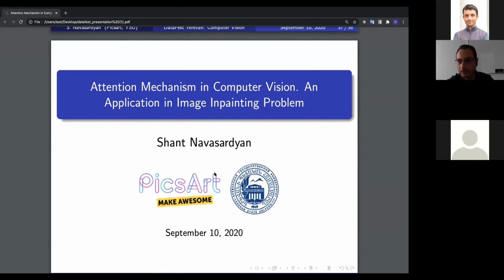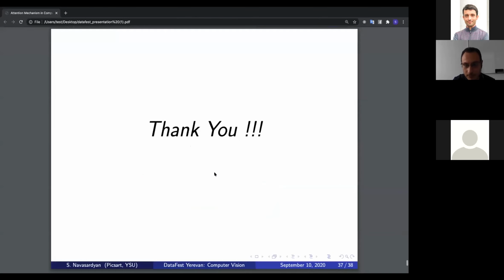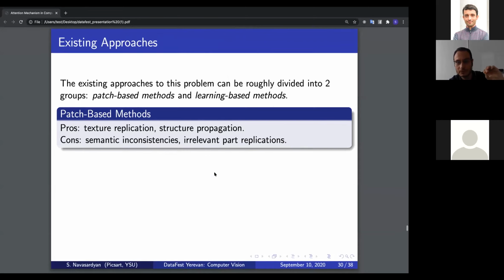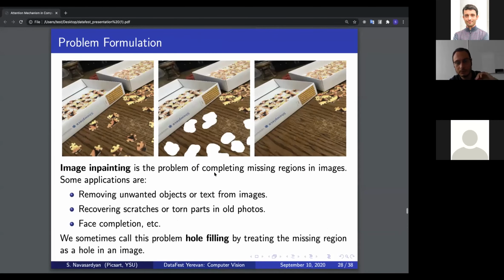The question is the following. In the case of self-attention for inpainting, the number of queries is equal to the number of pixels that are blacked out. Is that the case? For each pixel which is blacked out, you have a query, right?